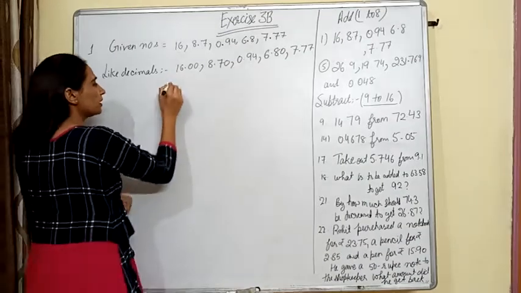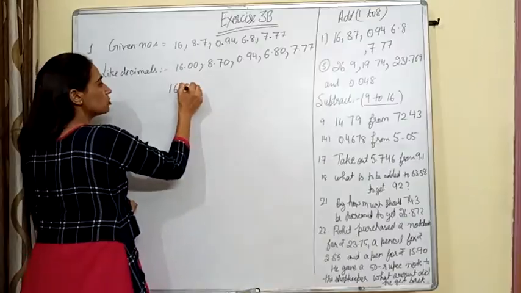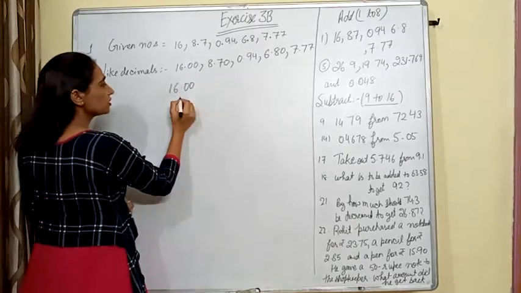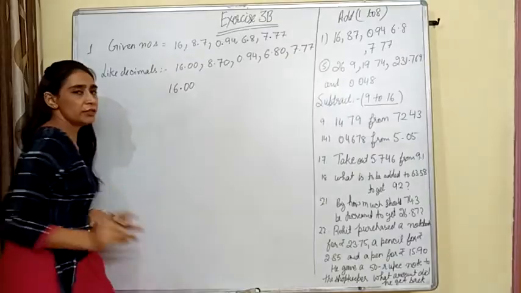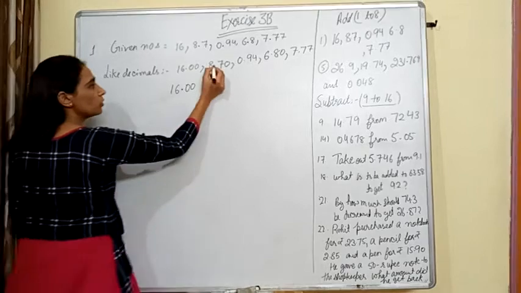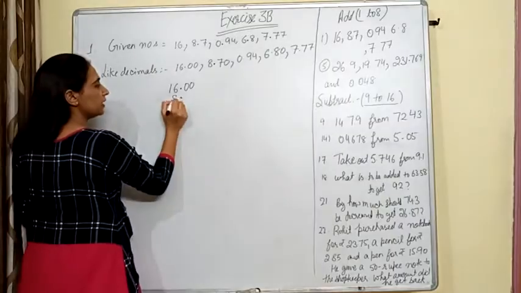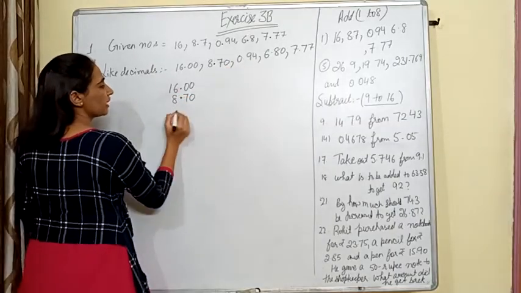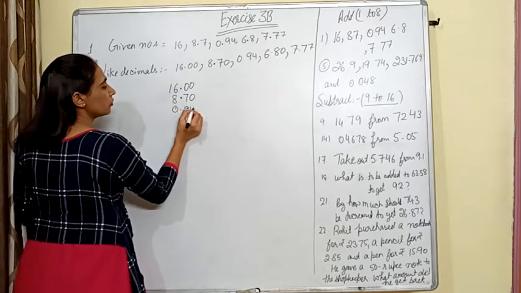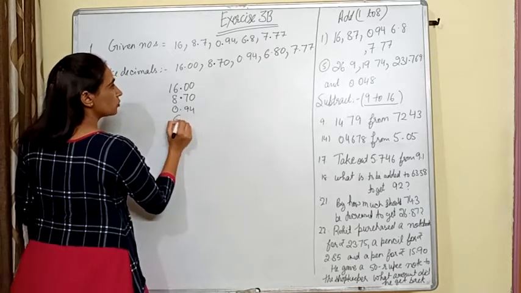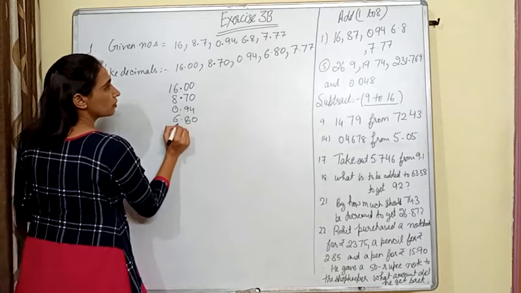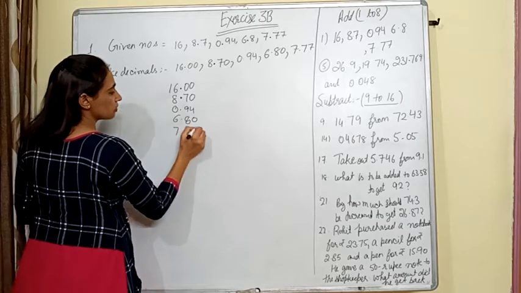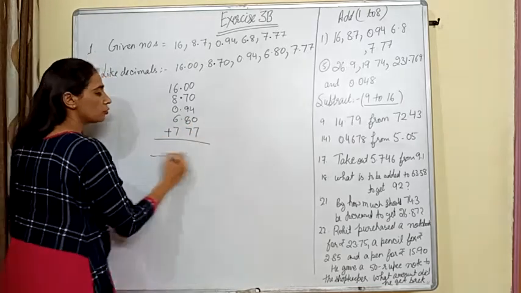So first I am writing 16.00. Next, the point should be below the point, so 8.70. Next is 0.94. Next is 6.80. Next is 7.77. We have to add this.